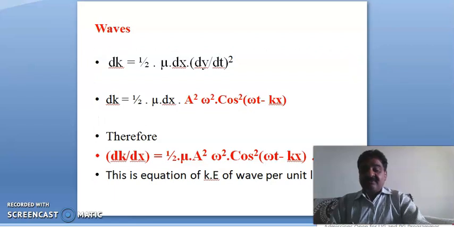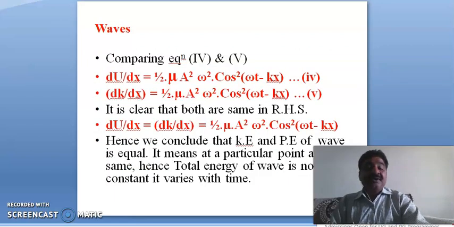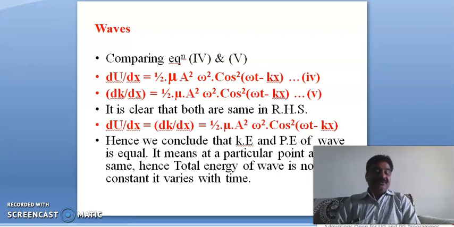Now the interesting thing is what we have to compare: equation 4 and equation 5. Equation 4 is the potential energy per unit length, and equation 5 is the kinetic energy per unit length.